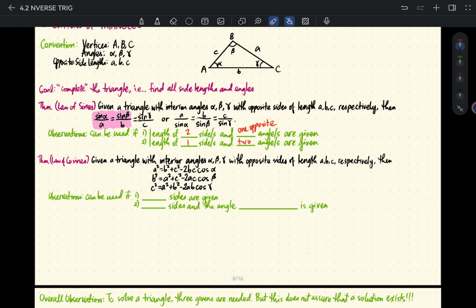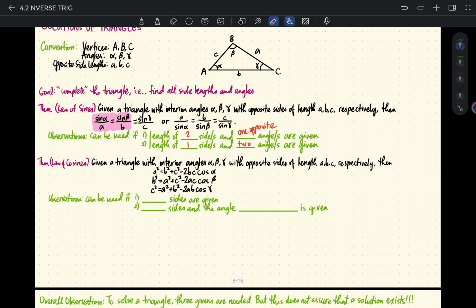So if we look at this first equation, you have a squared equals the other sides, b squared plus c squared, minus twice the product of the other sides times cosine of the angle opposite to the side with length a. Okay? That's how you remember the law of cosines.